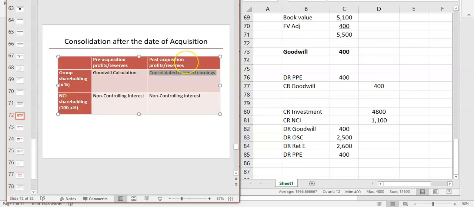Any post-acquisition profits belonging to the NCI, their share, goes to increasing the NCI. So once the acquisition date is finished, goodwill is not impacted by post-acquisition profits. It's either group retained earnings or the NCI themselves. And that's stepping up now. We're getting a bit more advanced again, moving towards the exam level questions that you would have done in your undergraduate module.